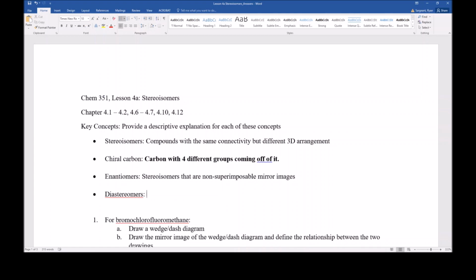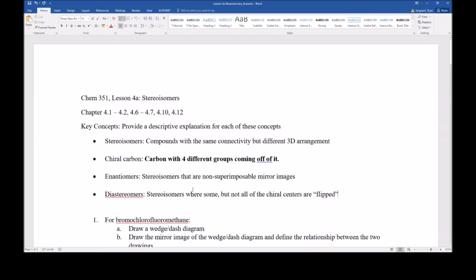We're going to use the working definition that they are stereoisomers of each other, where some, but not all, of the chiral centers are flipped, rearranged, or inverted.